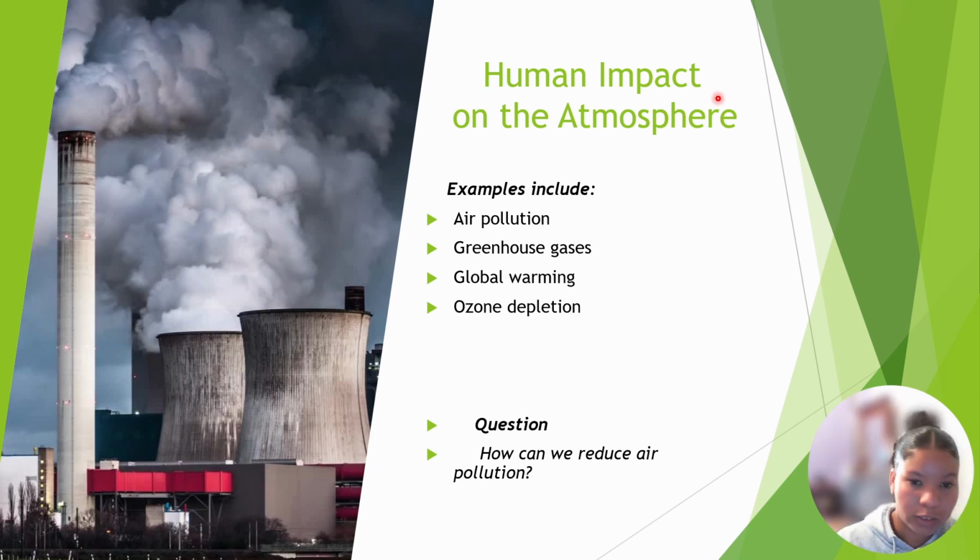So over here, we'll get into the human impact on the atmosphere. So what we as humans do that impacts the atmosphere negatively. Examples include air pollution. How do we cause air pollution? Through cars, the smoke of factories, all that negatively impacts the atmosphere.